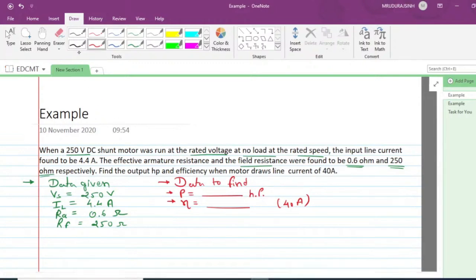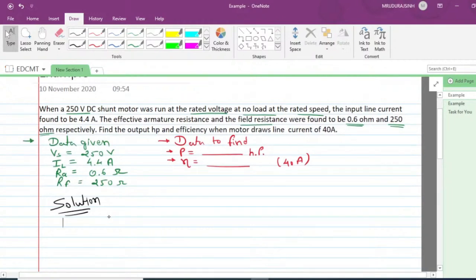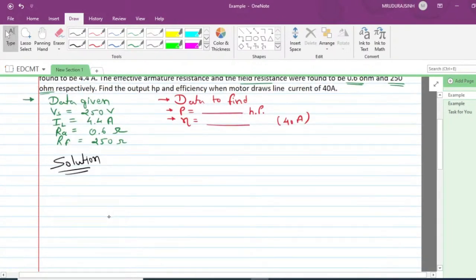So now let's start with the solution. Now we have all the necessary data. This is our shunt motor, right? So let me draw the diagram of a shunt motor. This is the shunt field winding, armature, right?